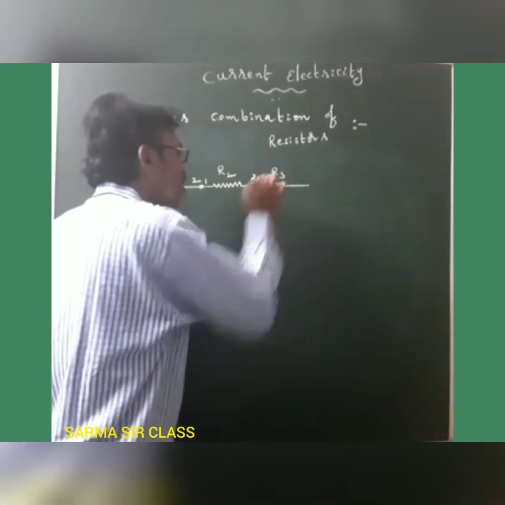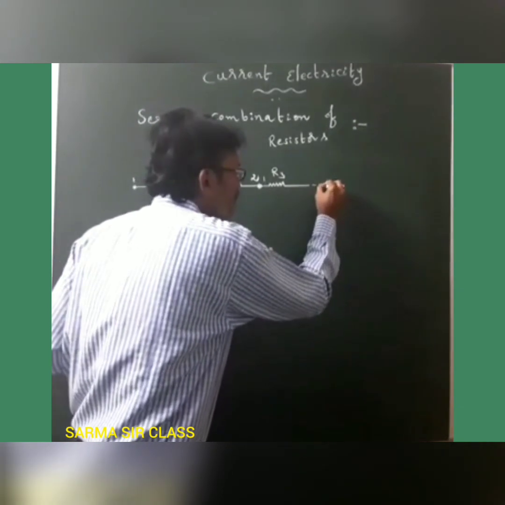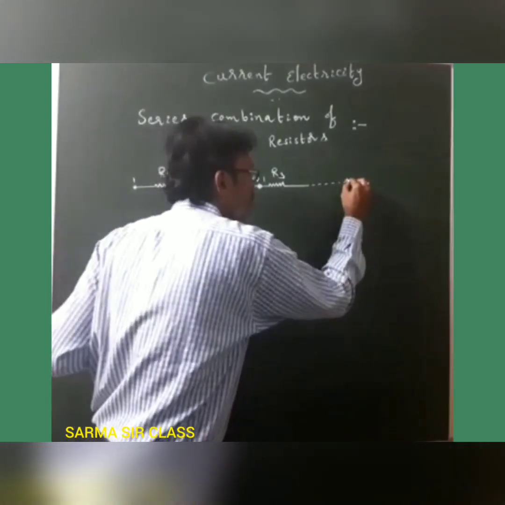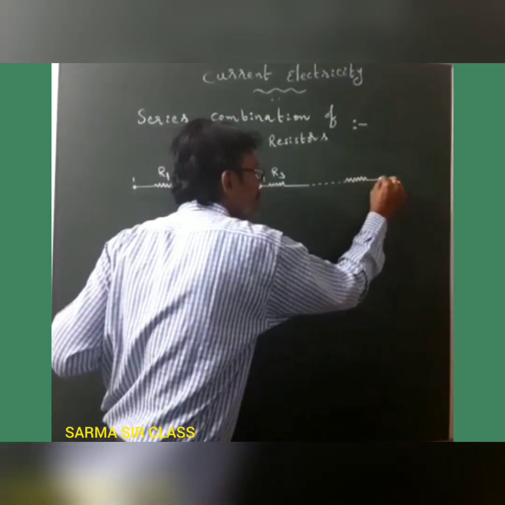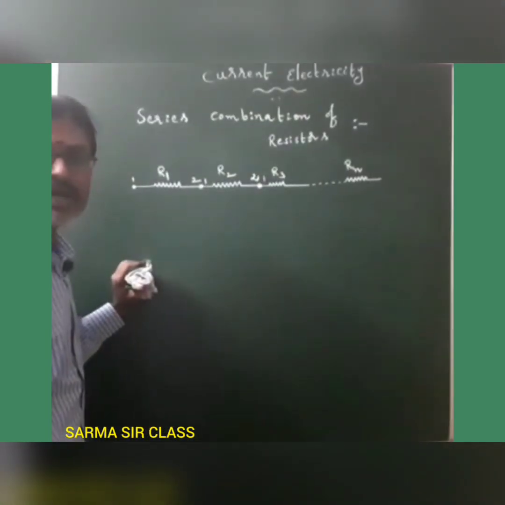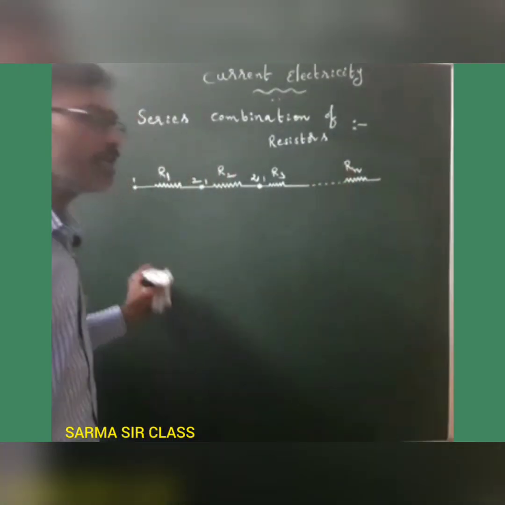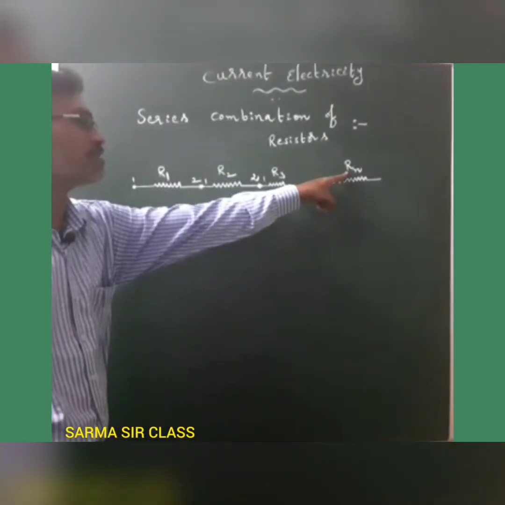This is the first end of the third resistor, and then I continuously arrange them like this. And this is the final resistor, which I am naming Rn. Rn represents the resistance of the nth resistor.